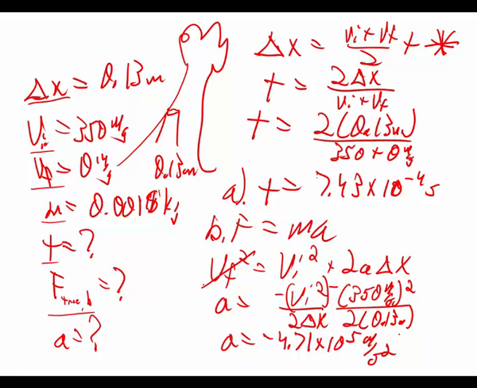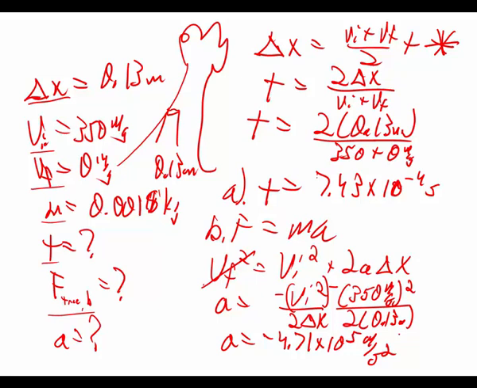Now, does that make sense? Do we have to keep it negative? Well, we want to know how much force the tree is putting on the bullet. So the tree is slowing the bullet down. The bullet's moving this way, the tree's pushing back against the bullet this way. So it's in the opposite direction the bullet's moving. Does that make sense? Okay.